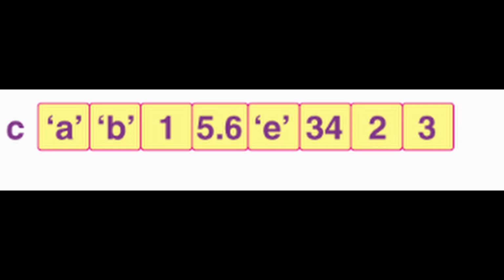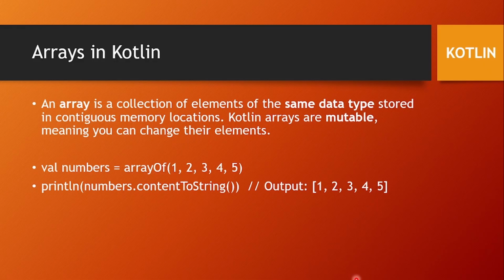Heterogeneous data are different types of data in a variable, in an array. We can create both types of arrays, either homogeneous or heterogeneous. So arrays are generally homogeneous, but we can have heterogeneous ones also.